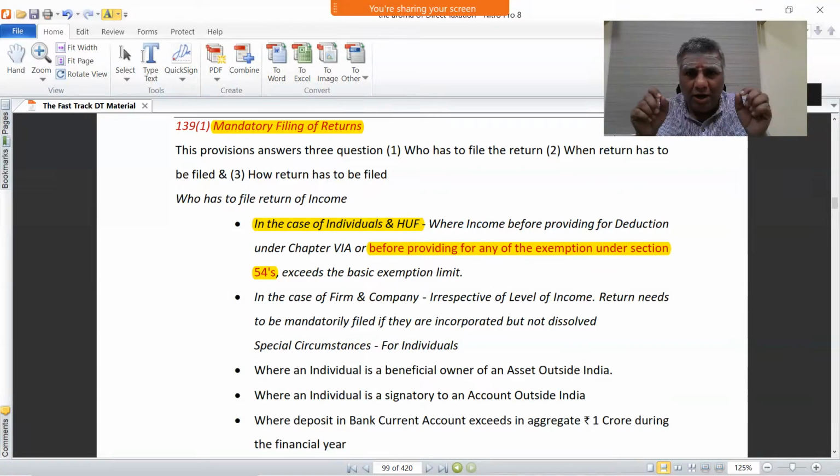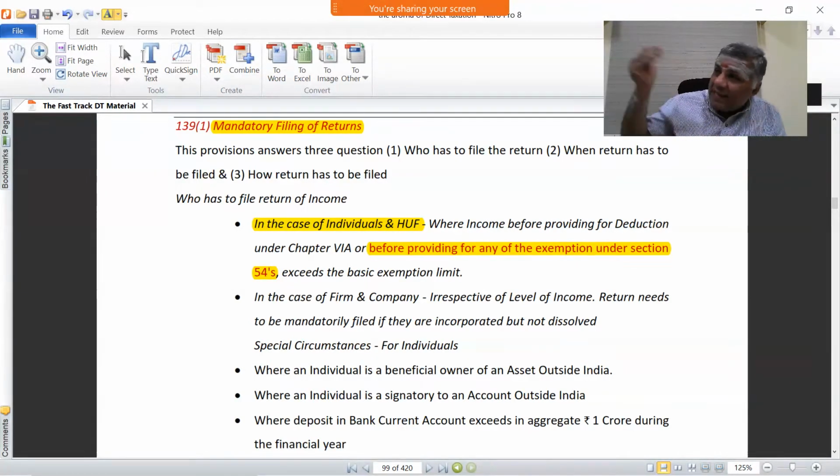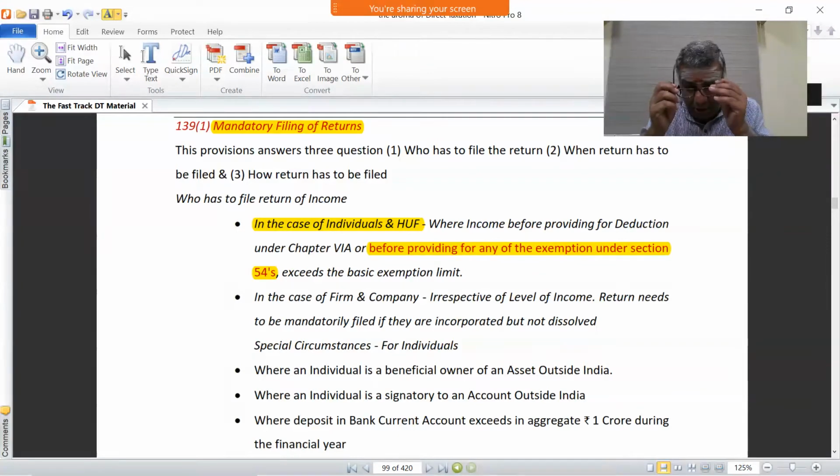If my gross total income before providing section 54 exceeds the basic exemption limit. I had a capital gain of 10 lakhs. Whole 10 lakhs is exempt. I'm not liable to pay any tax. Accepted.